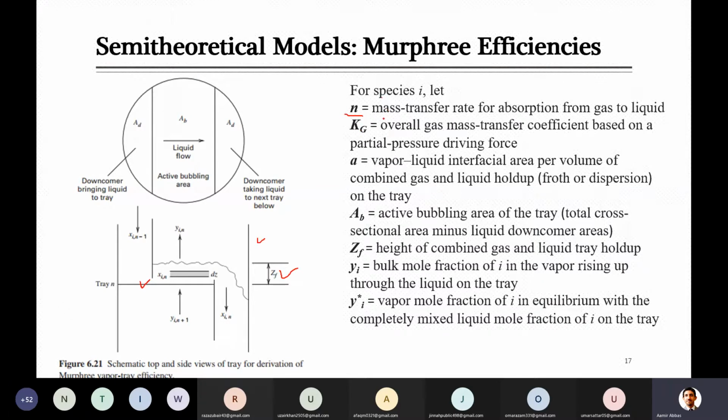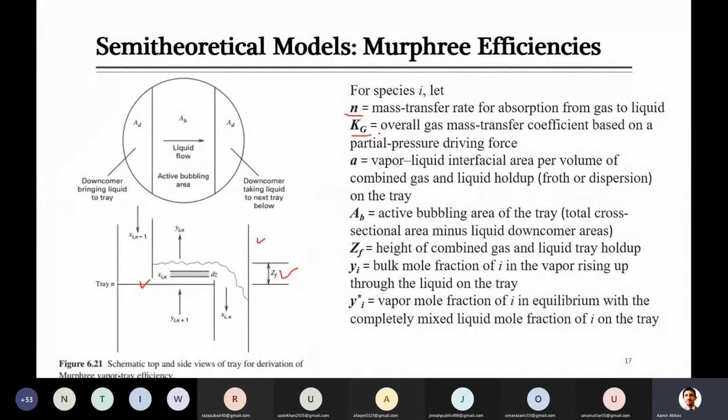N is the mass transfer rate for absorption from gas to the liquid, or for absorption from liquid to gas, in kg per second or kg per minute. Anything which is transferred from the liquid to the gas, how much in unit time, that is N, and this is for species i, we can take it for any one species.